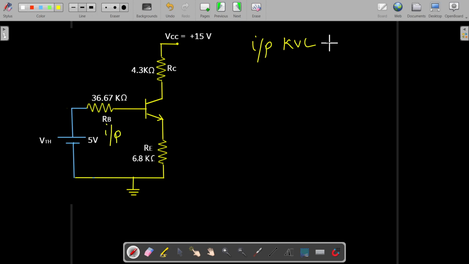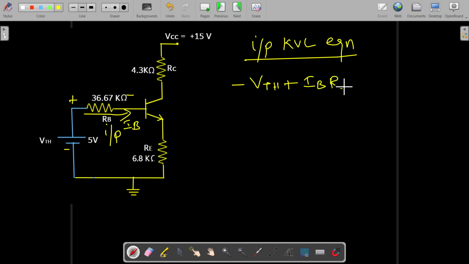So for the input side we are going to write the KVL equation, Kirchhoff's voltage law. So when you start from here, it is minus VTH. Then here the current which is flowing here is IB current. So it is plus and minus. Entering current point is plus. So it is plus IB into RB.